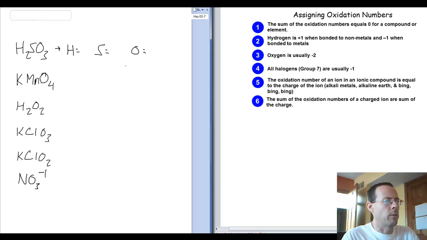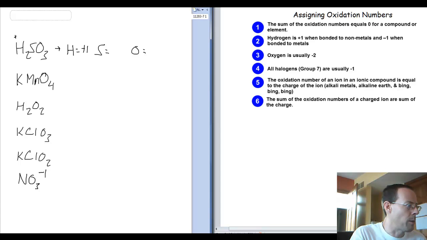If we look over on the right-hand side, we see that hydrogen is a +1 when it's bonded to nonmetals. S and O are both nonmetals, so H must be a +1. I'm going to put a +1 up here, and I have that twice, so H contributes a +2 altogether. Sulfur is nowhere to be found, so we skip to oxygen, and it says oxygen is usually a -2.